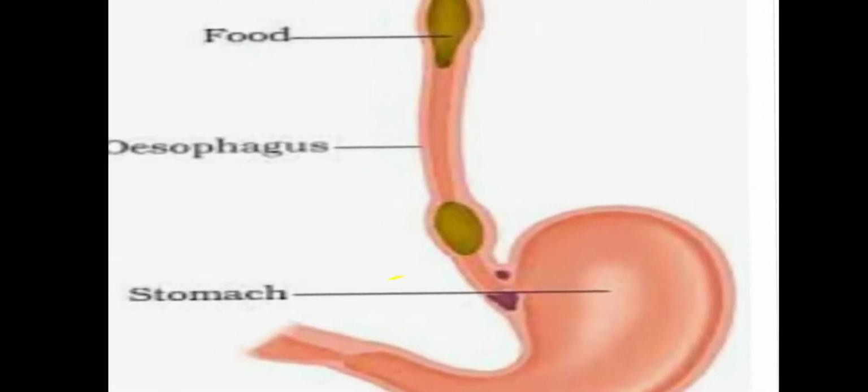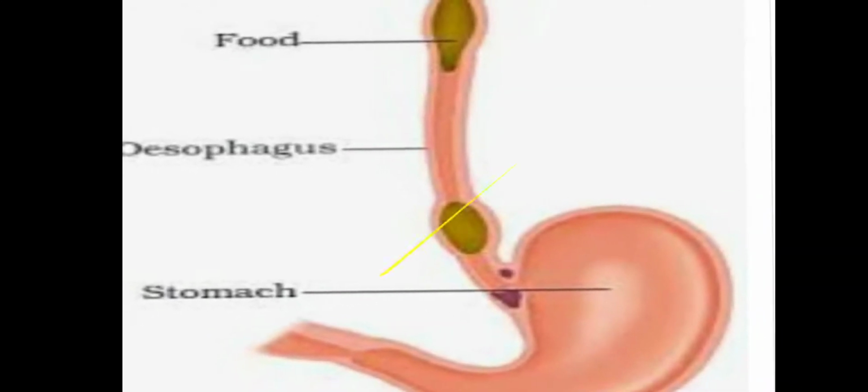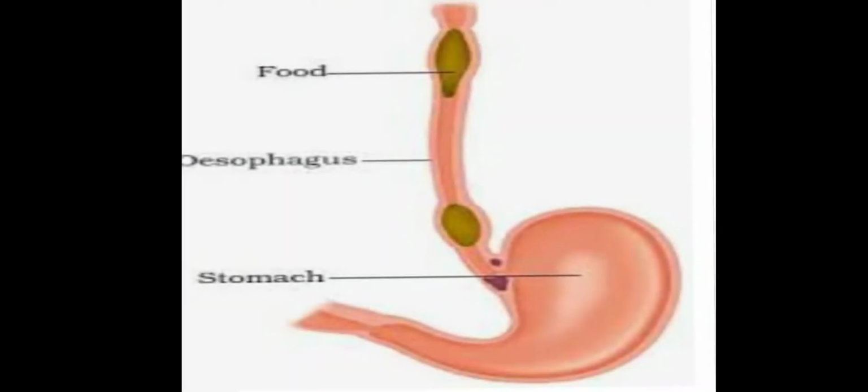The wall of the esophagus is flexible. Flexible means capable of bending easily without breaking. Just as some of your clothes are flexible, in the same way the wall of the esophagus is flexible.